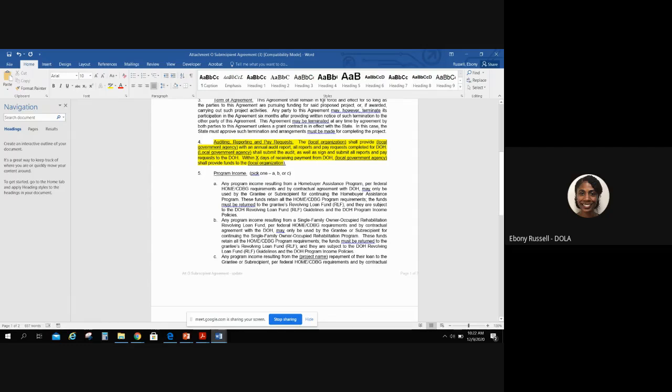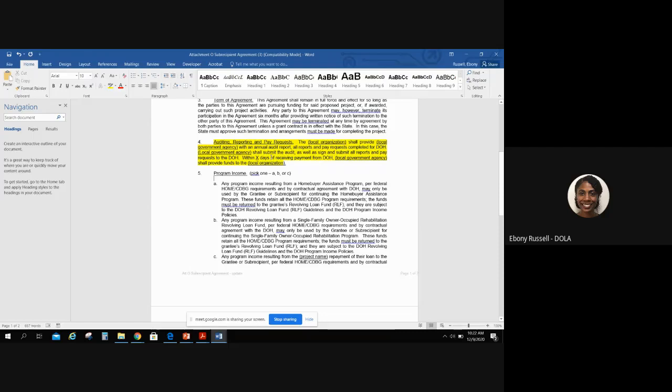But there's a sentence here that says within X number of days of receiving payment from DOH, the local government shall provide funds to the local organization. And I get questions from the local organization asking me to supply that number of days, and that's not really what I can do. That's a part of your subrecipient agreement.